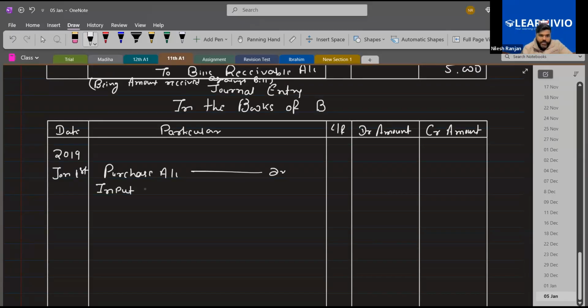For B, it is input IGST. Account debit to A account. So 5,900, 5,900.